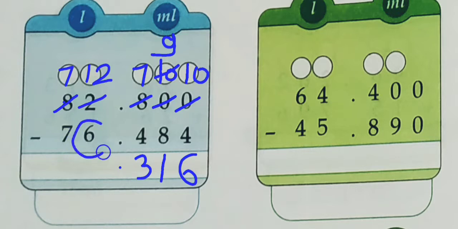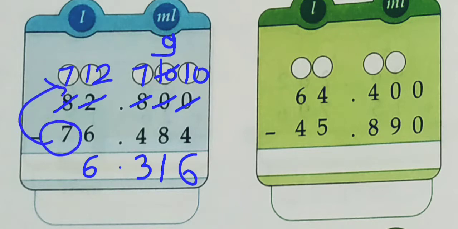Now we can subtract this 6 from this 12. So 12 minus 6, it will become 6. Now you can see we have to subtract this 7 from this 7. When we subtract the same numbers, it will become 0.